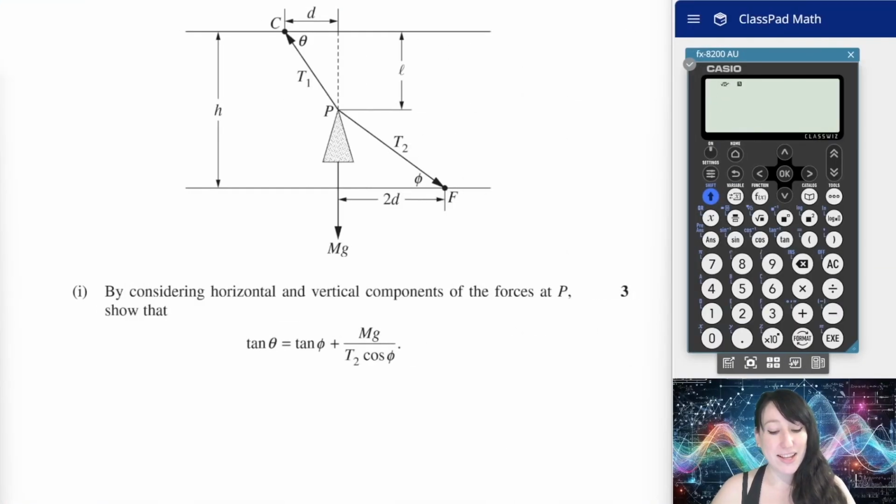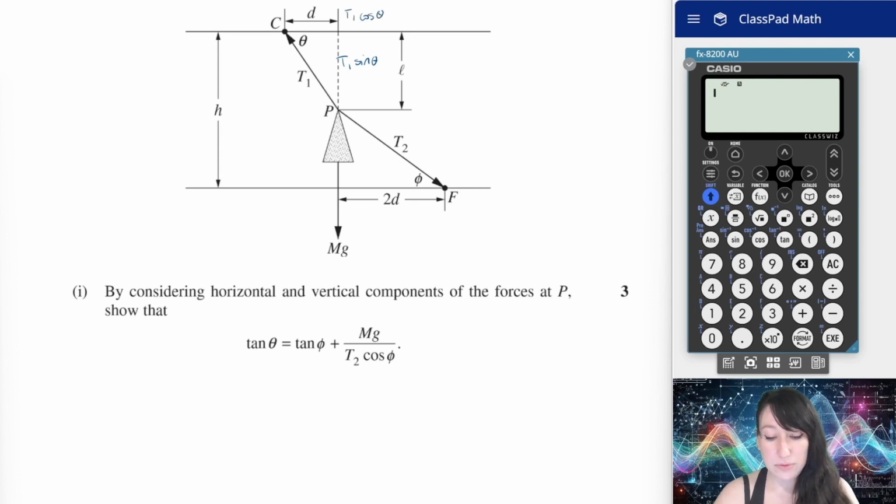Okay, let's start with the horizontal components. These are only going to be coming from the tension in the ropes. So let's get the components, horizontal and vertical, for T1. For this one, the vertical would be T1 sine theta, since the vertical is opposite that angle. Horizontal would be T1 cosine theta.